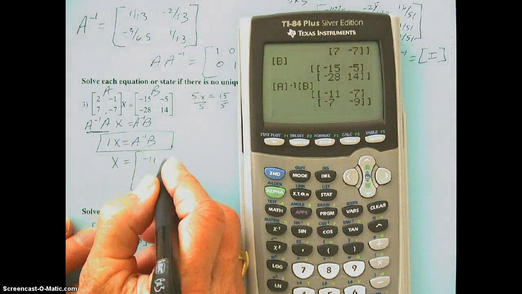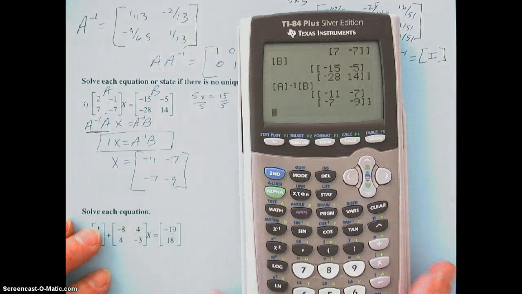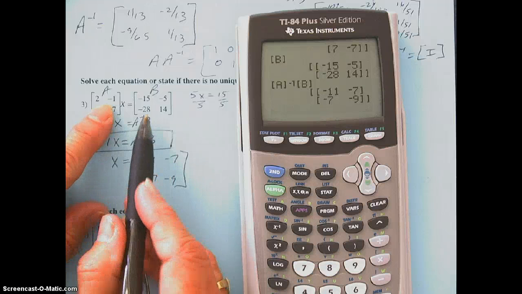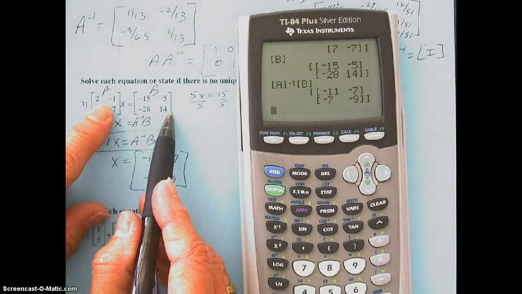So negative 11, negative 7, negative 7, negative 9. Okay. This will be the matrix that if I multiplied it by this matrix, I would get a negative 15, negative 5, negative 28, 14.